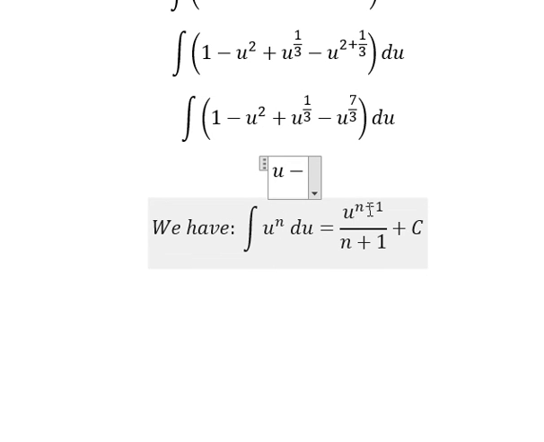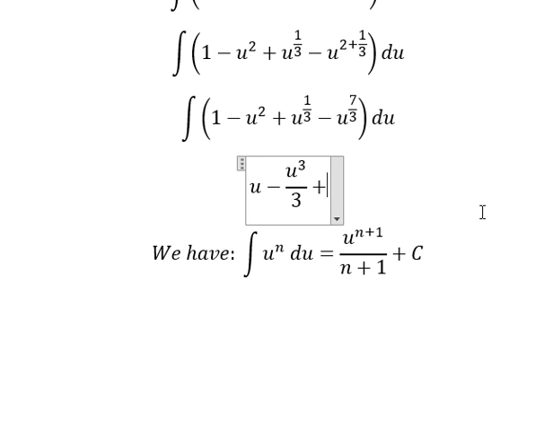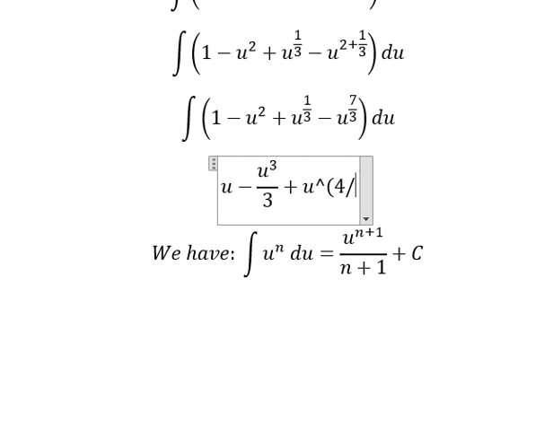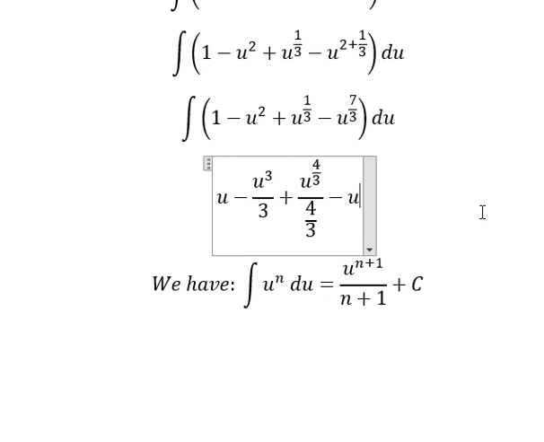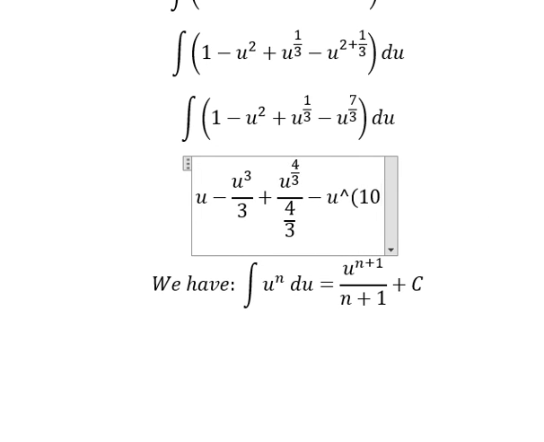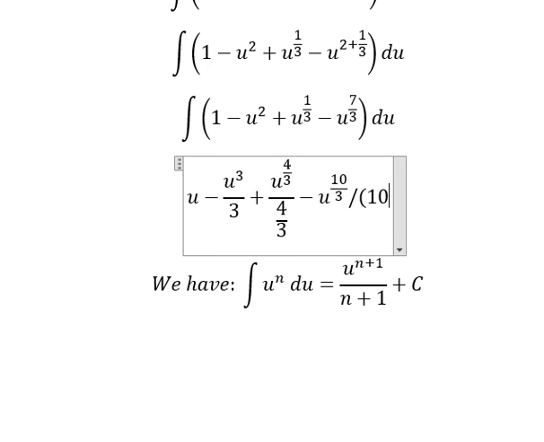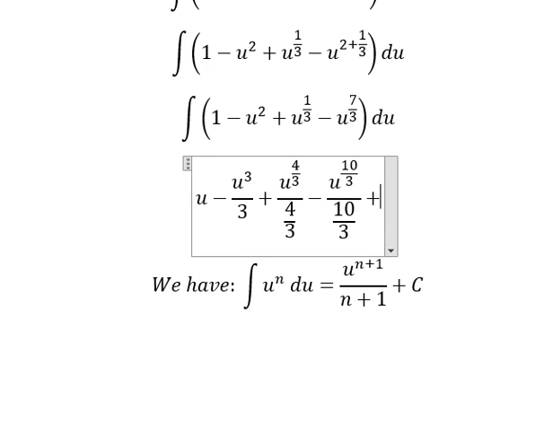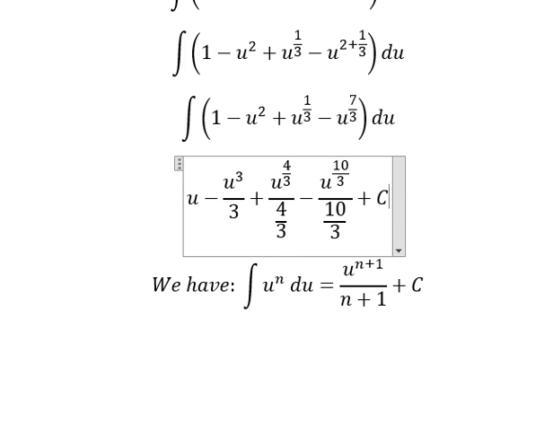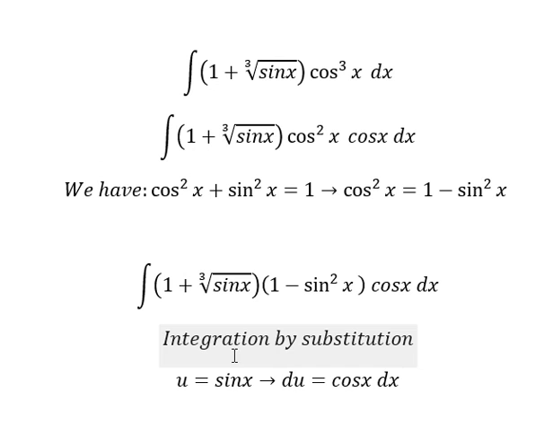So we have 2 plus 1, we have number 3. The next one, we have 4 over 3. And the next one, we have 10 over 3. And I will put about c. So about u, that is about sine x.